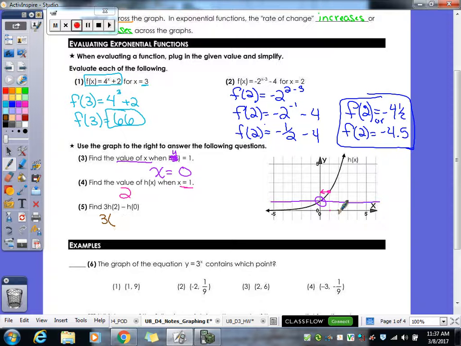We have to go to where x is 2. Where's our graph? 4. So we have to do 3 times 4, minus. Go to where x is 0. Where's our graph? 1. So 3 times 4 gives us 12, and then minus 1 gives us 11.